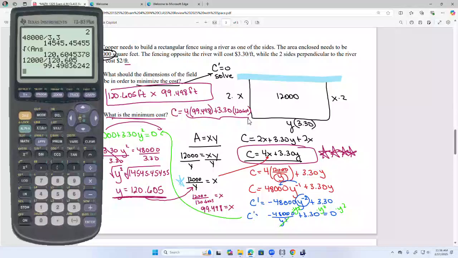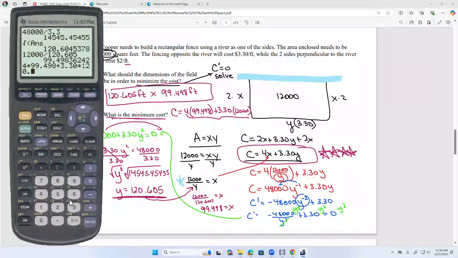This I can put in my calculator. So 4 times 99.498 plus 3.30 times 120.605. I get $795.99.